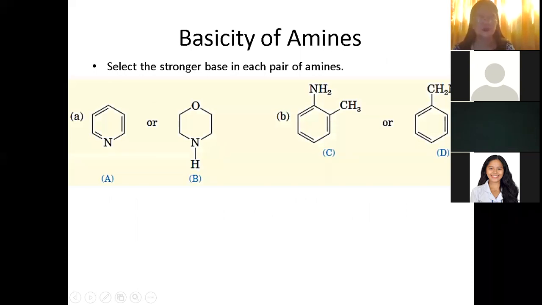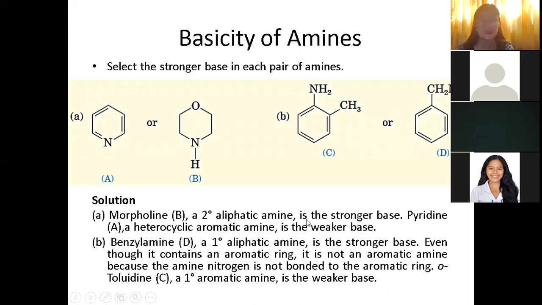So this will be an assignment: which will be most basic in a given solution. For instance, this one is the morphine. Then we have the pyridine and the aliphatic amine, which will be the weaker base. Of course, it will be heterocyclic.